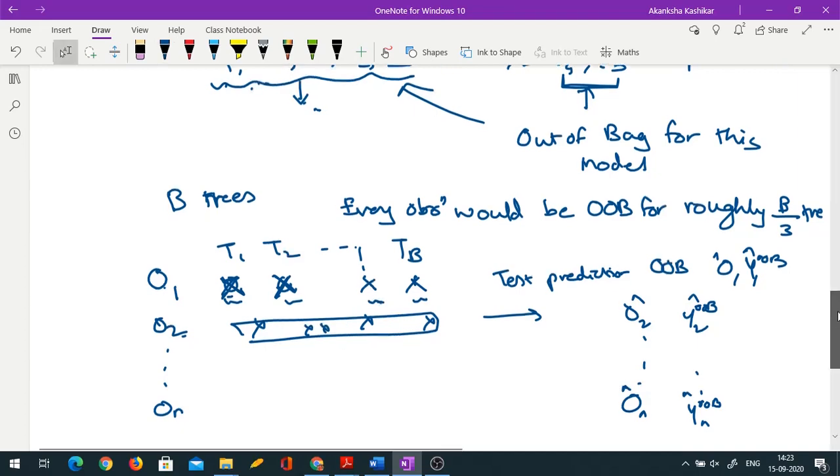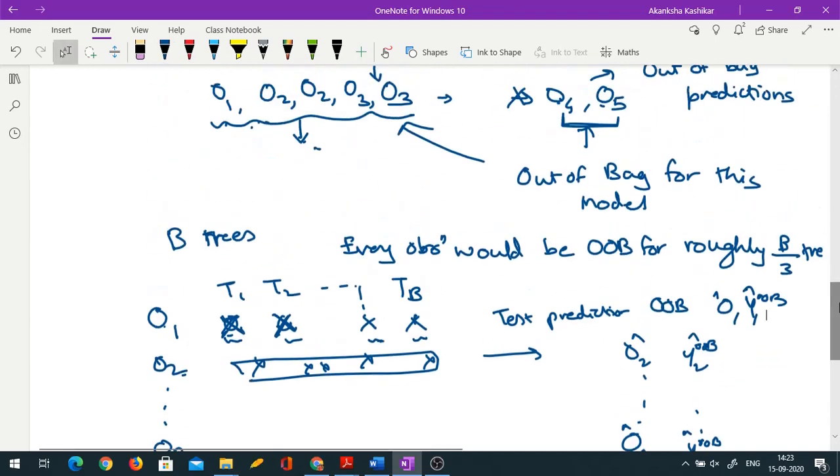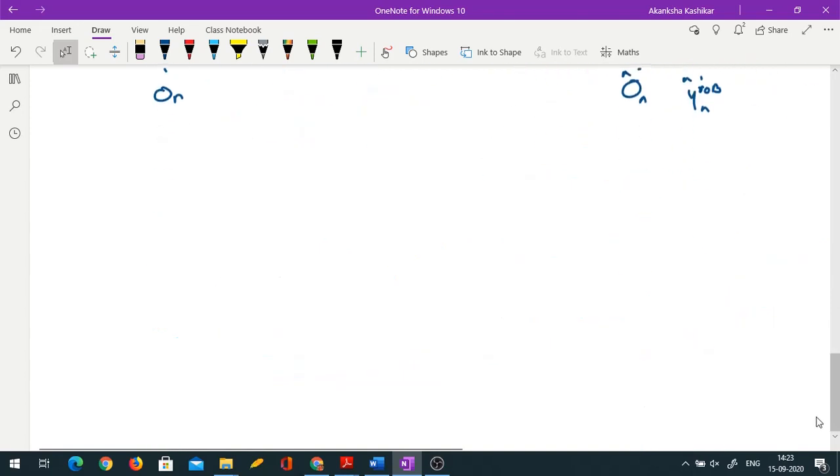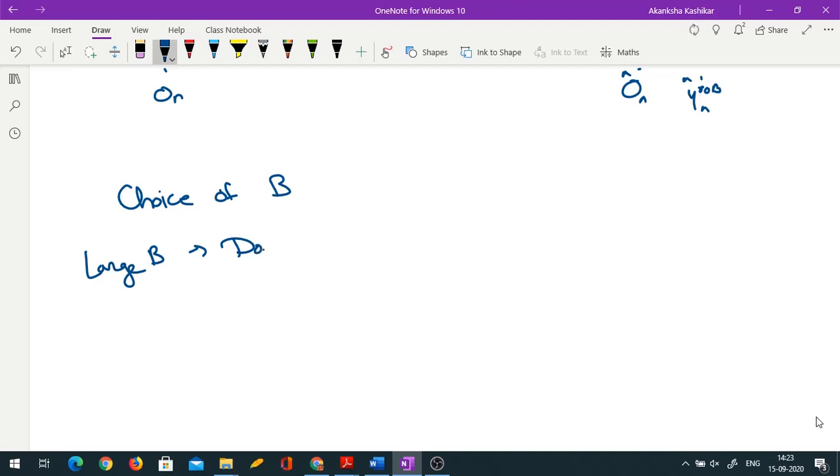Now of course, I am sure all of you have been wondering, what about B? What should be the choice of B? Here large B does not lead to overfitting. So far we have always been seeing, be careful, you shouldn't overfit. But here interestingly, large B does not lead to overfitting.